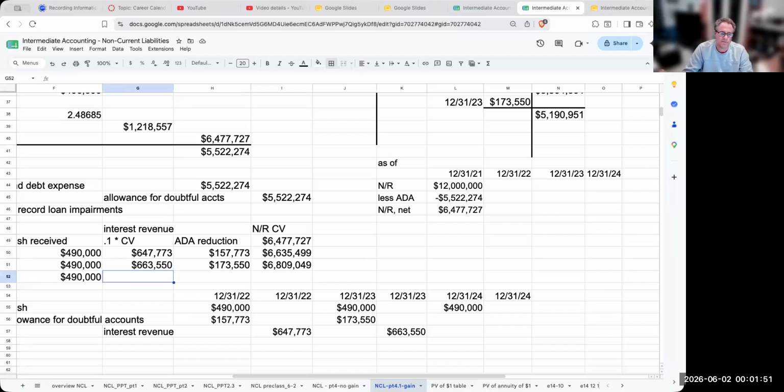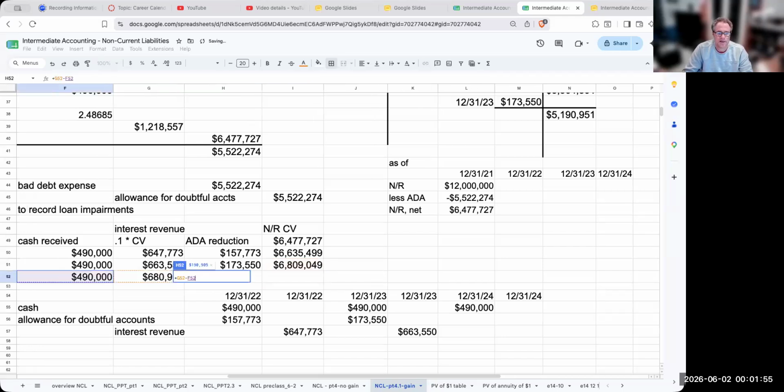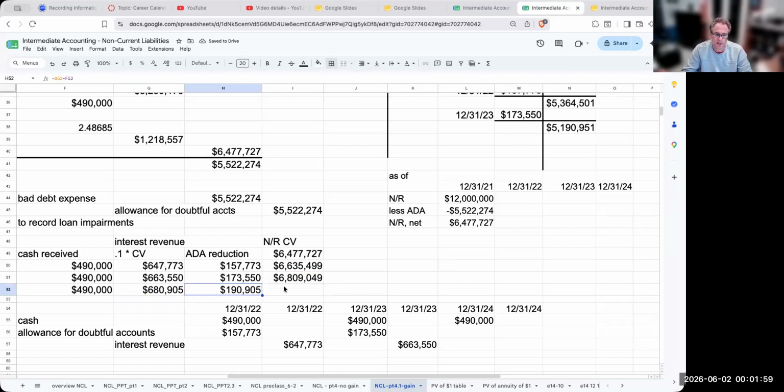My interest revenue, 689,05. And my last ADA reduction is basically going to be 199,05. And I already know my goal was to get this to be at 5 million. So I'm just going to go ahead and note this here.